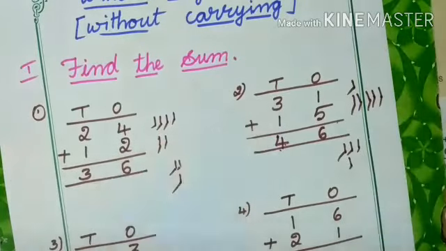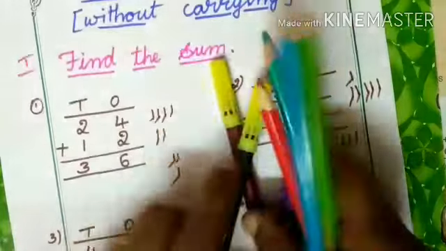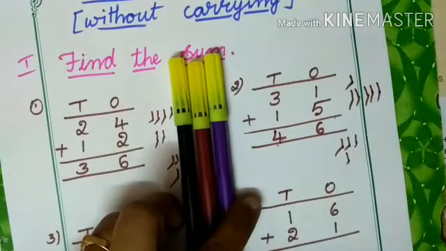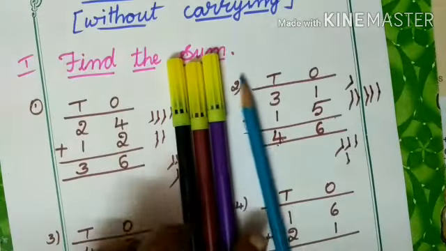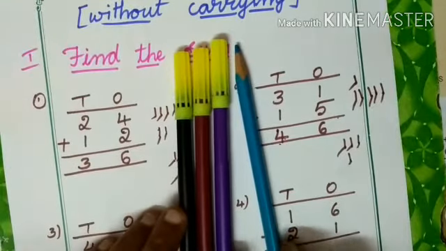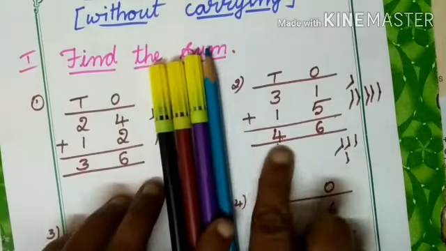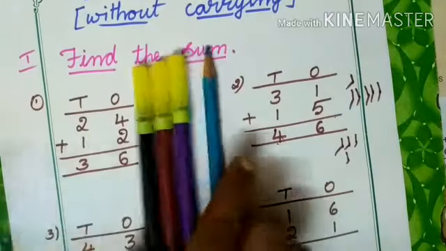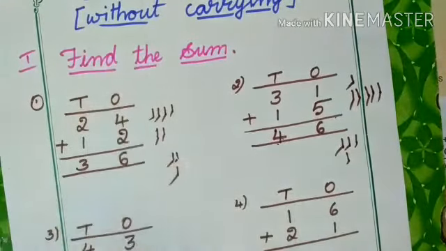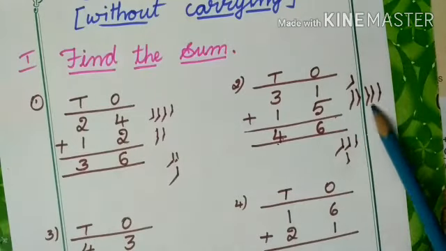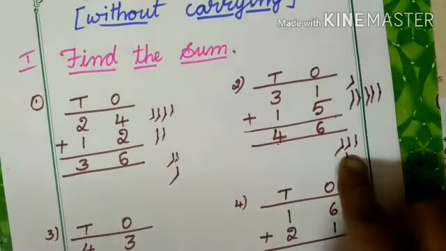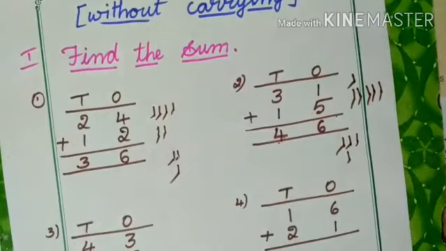Here we will count 3 plus 1. I'll take 3 sketch pens and 1 pencil. Now add all together, how many are there? 1, 2, 3, 4. Yes, 4 is the right answer. Using objects also we can count, or using lines also you can count. Which one is easy for you? Follow that method.